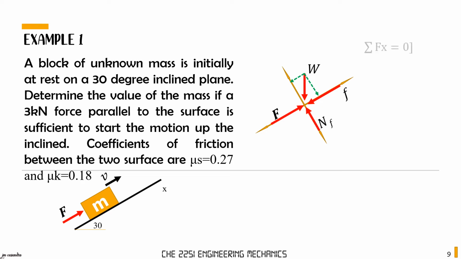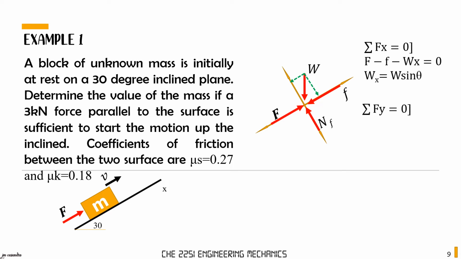So from this FBD, we'll be able to solve for the summation of forces along X equal to 0. So we have now applied force minus the frictional force minus the X component of the weight. For the W_x, it's equivalent now to W sine theta.